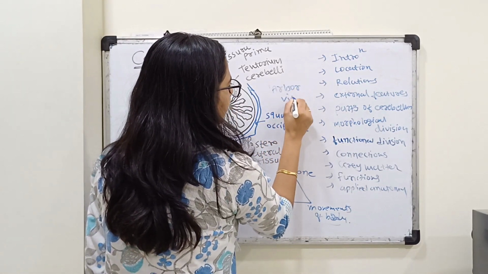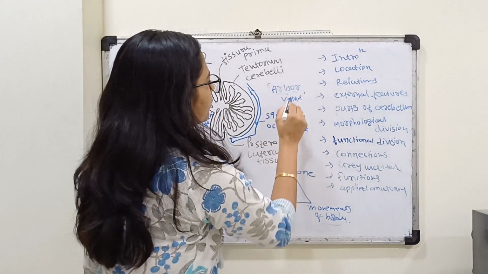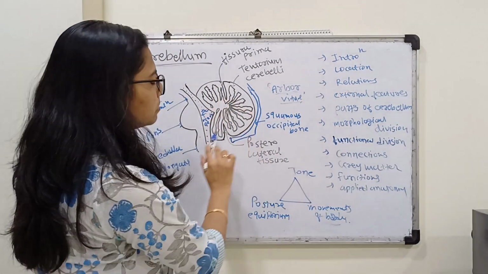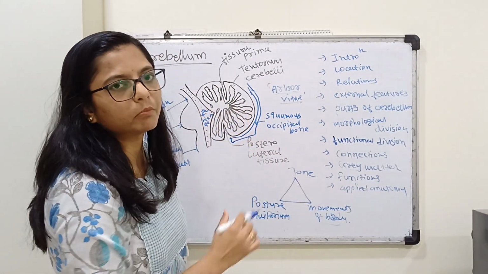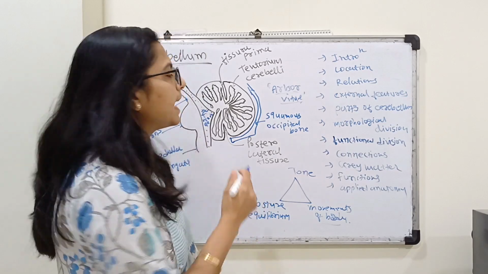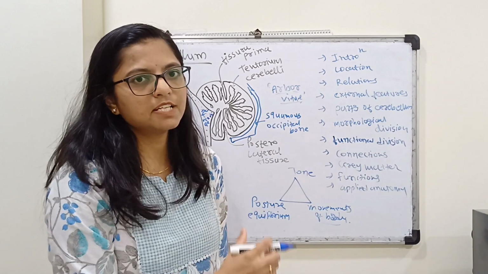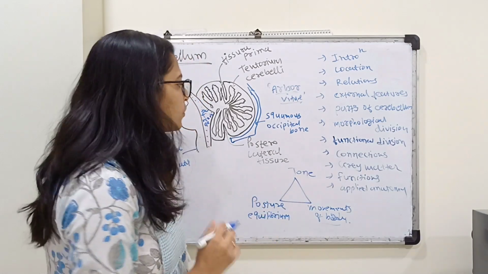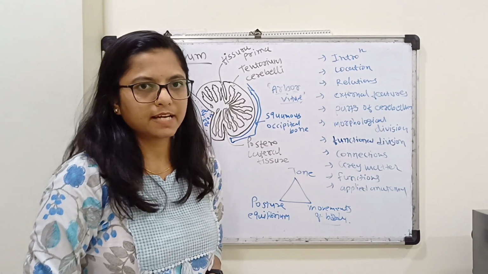Arbor vitae means the vital tree of life. So this is all about the basic introduction of the cerebellum.